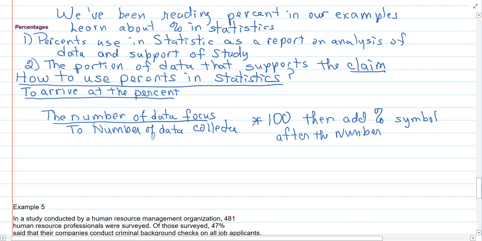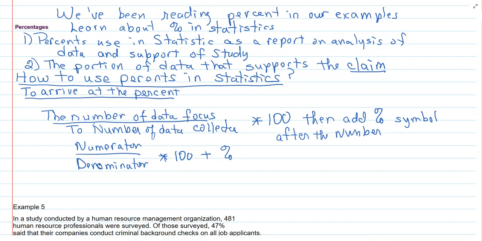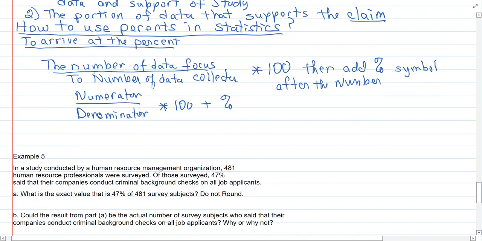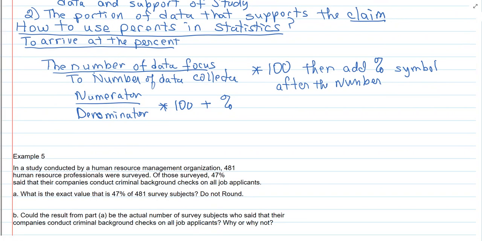Well, we can see that as a numerator over a denominator times 100 plus the symbol. All right, that's what we have. So that we can use the calculator to arrive at this. All right, well, that's one way, how to arrive at a percent.